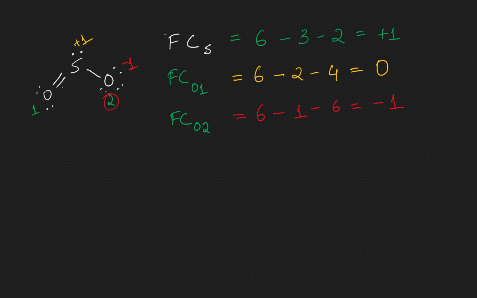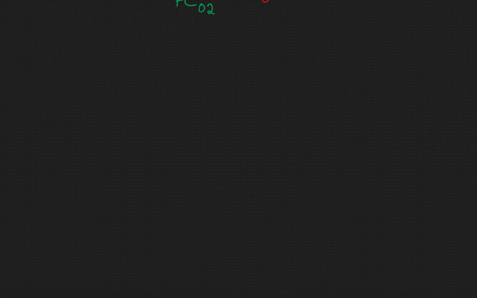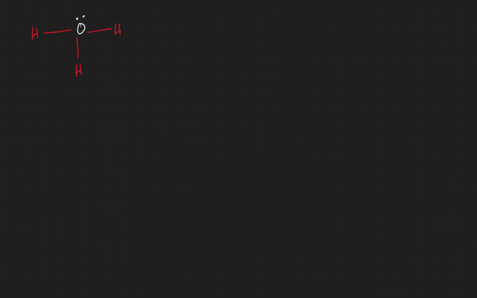Now we can also go to another example, the hydronium ion. If we calculate the formal charge of the oxygen in this ion, it is 6 minus 3 minus 2 dots, that is 6 minus 5 equals plus 1.